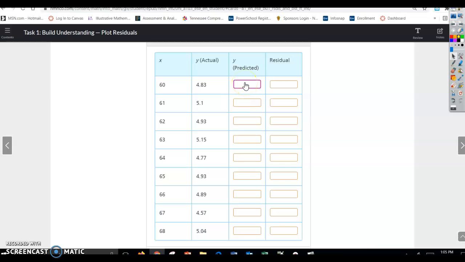Let's see here. I know most of mine: 4.72, 4.76, 4.8, 4.84, 4.88, and again, this comes from plugging this x into your equation.